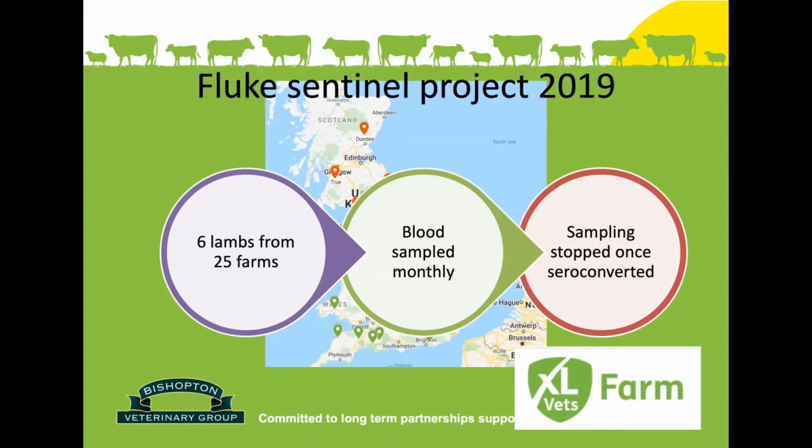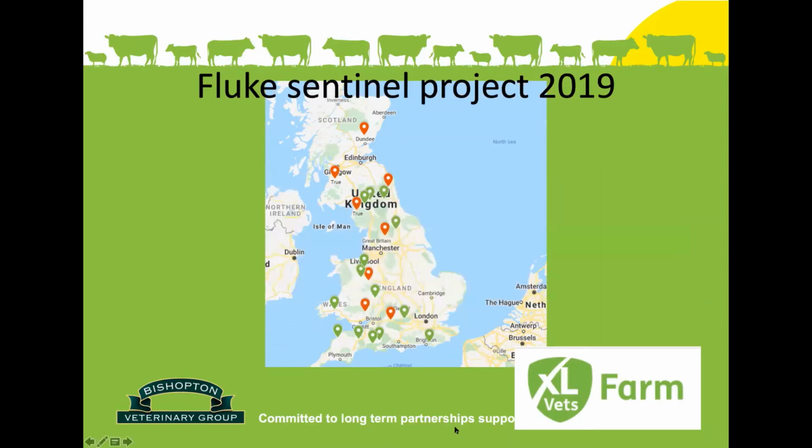So what was really interesting about this project was that one farm had seroconverted in August, and only 11 farms had seroconverted by December. So you can see on that previous map, all the red dots are where we had positives by December, and the rest of the places didn't have a positive.